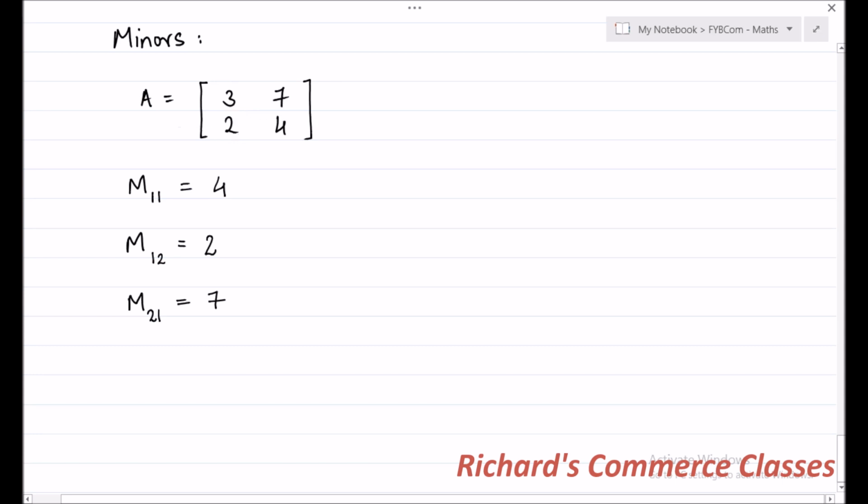And lastly, 4 is in the second row and in the second column. So it is denoted by M22. Okay, let's calculate the value. Delete the row and the column in which 4 is included, and the remaining element is 3.